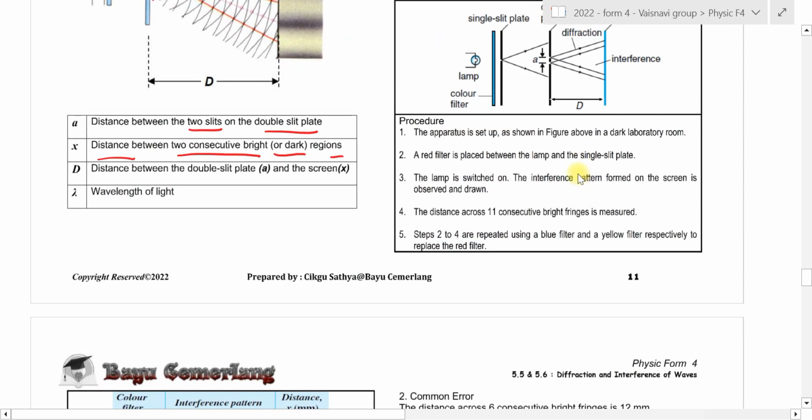Merah jingga, Michael Jackson kena halau balik India Utara. Okay, kita kena tahu the wavelength series, light spectrum. Michael Jackson kena halau balik India Utara. Merah, jingga, kuning, hijau, biru, indigo, ungu.